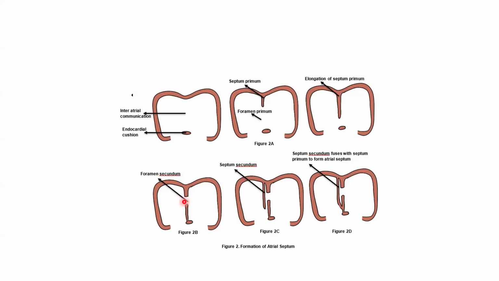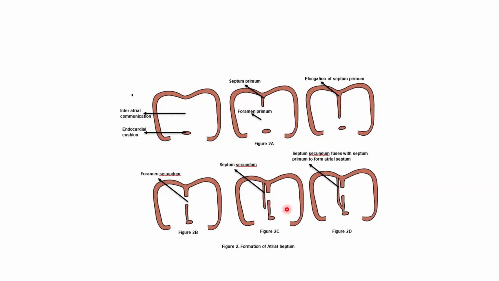Okay, it is left open originally, but then soon after, another septum originates also from the roof of the atria, and this septum grows as a flap to cover the defect, the foramen secundum that was left over there. So this is what you are calling your foramen ovale, and this is what you are calling the flap of the foramen ovale.